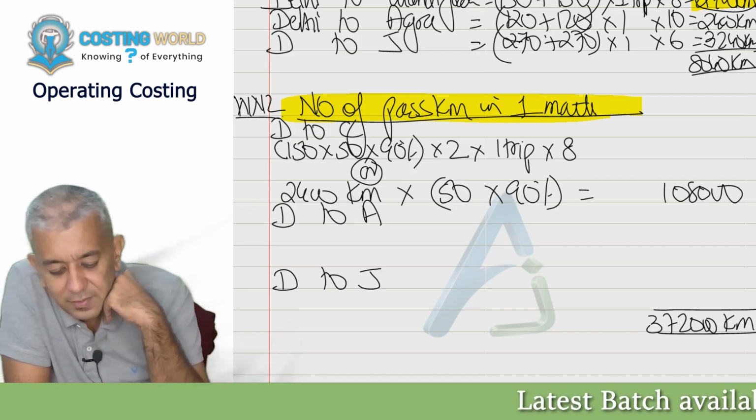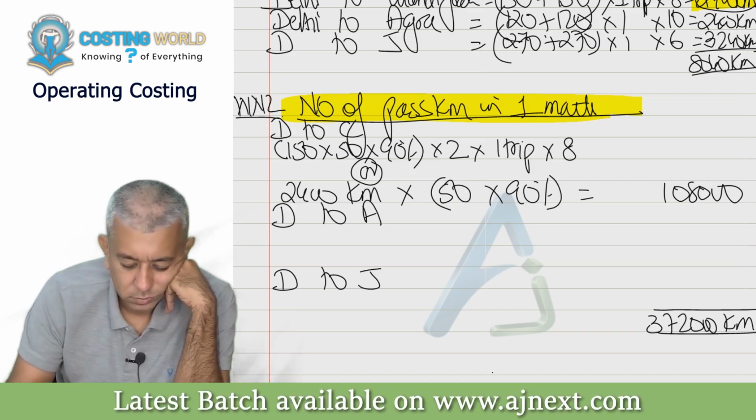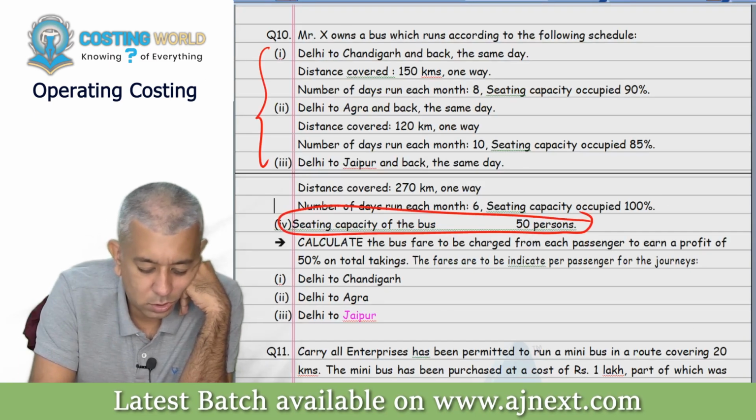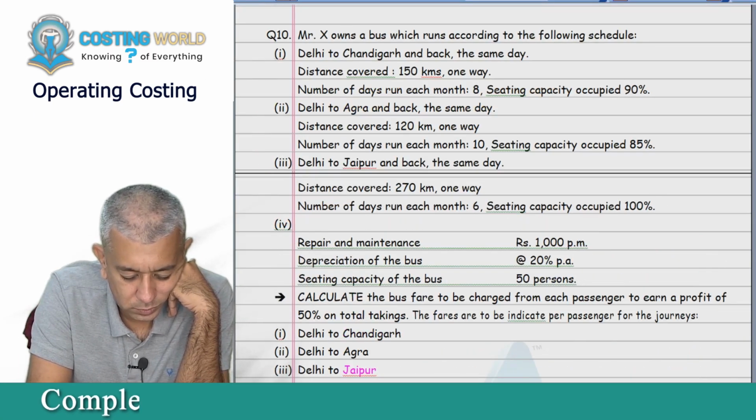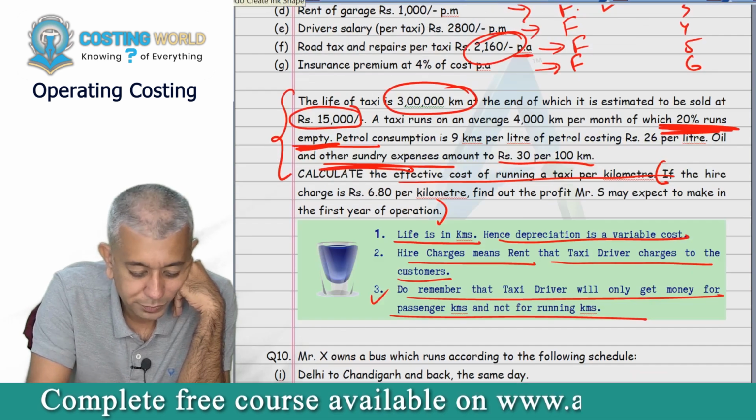You got 3,72,000? Yes, sir. Okay. All other further things we will be doing in the next lecture.